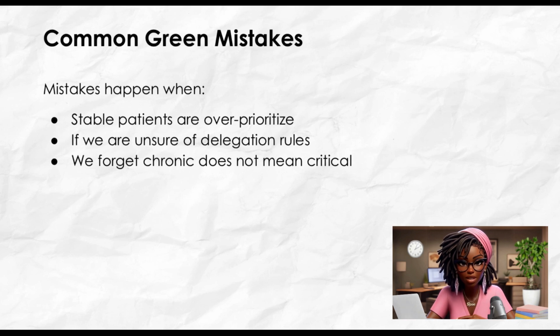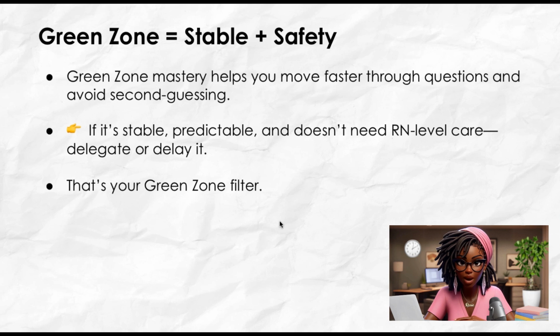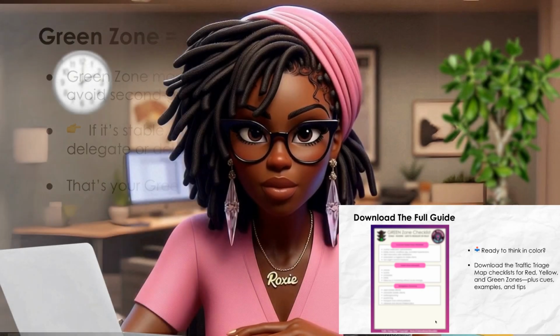Once you have mastered identifying green zone questions and answer choices, this will help you move faster through questions and avoid second guessing yourself. If it's stable, it's predictable, and doesn't need RN level of care, then delegate it or delay it. This is what makes it a green zone answer or question.